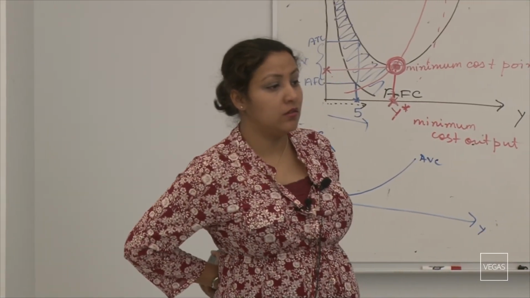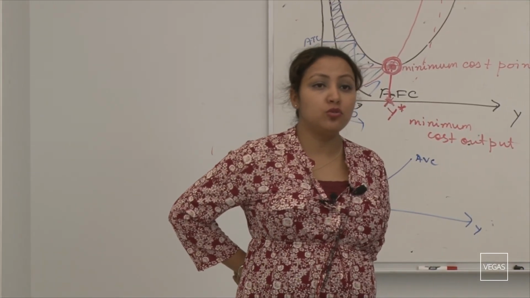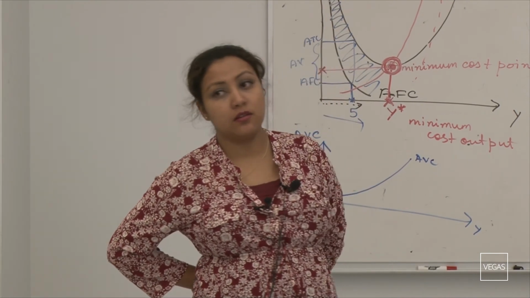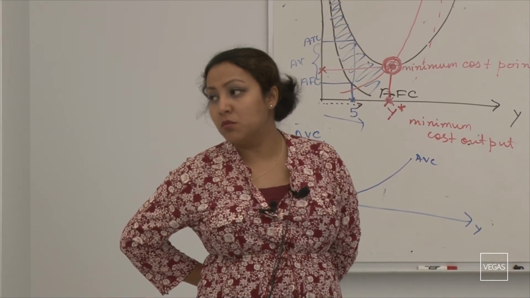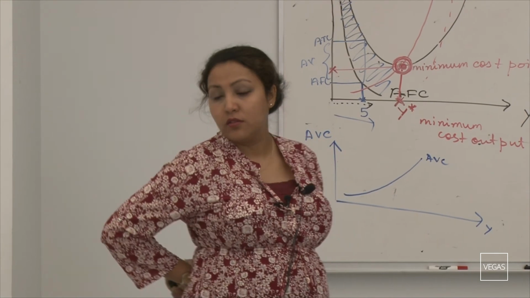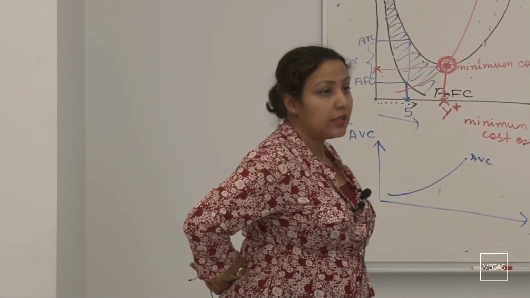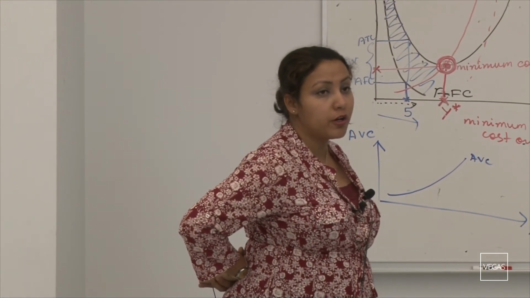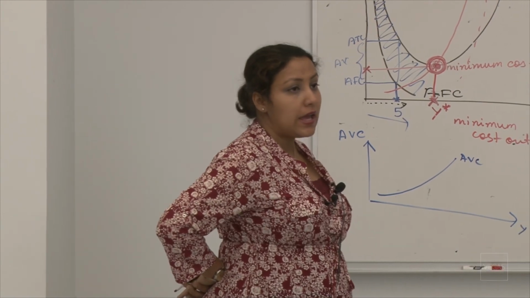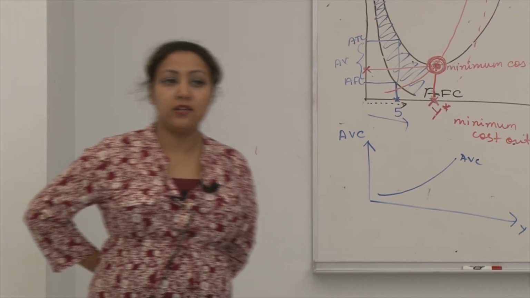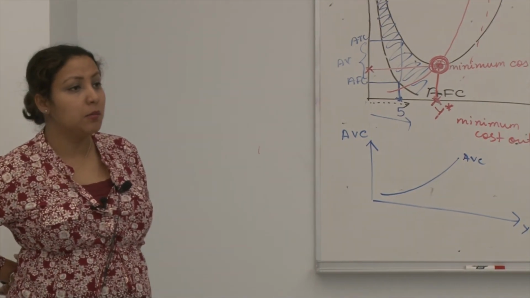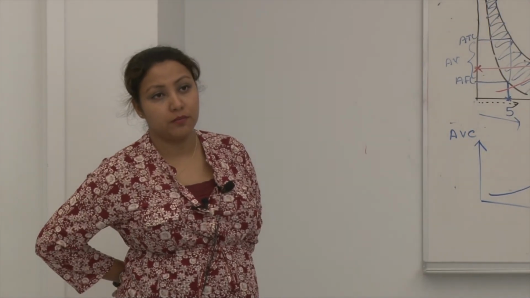At the optimal point of production Y star, MC passes through ATC at its minimum most point.